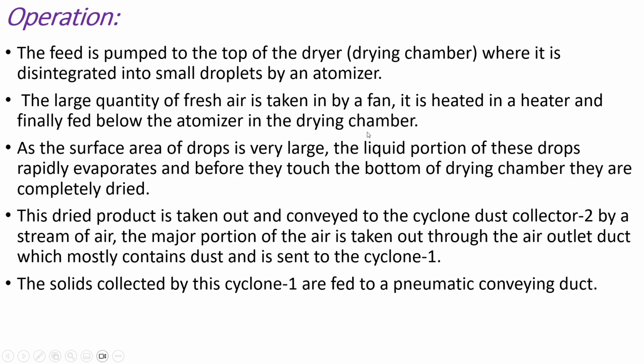As the surface area of drops is very large, the liquid portion of these drops rapidly evaporates, and before they touch the bottom of the drying chamber, they are completely dry. This dried product is taken out and conveyed to the cyclone dust collector by a stream of air. The major portion of the air is taken out through the air outlet duct, which mostly contains dust, and is sent to the cyclone.